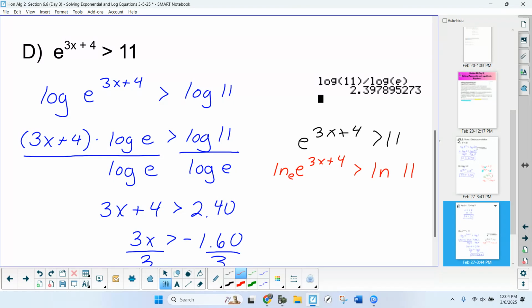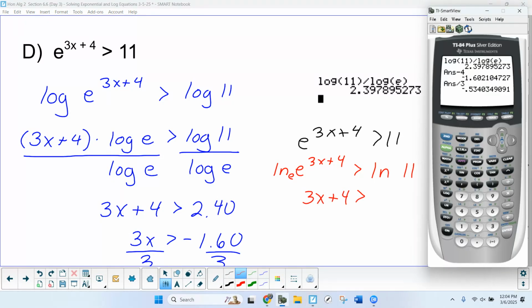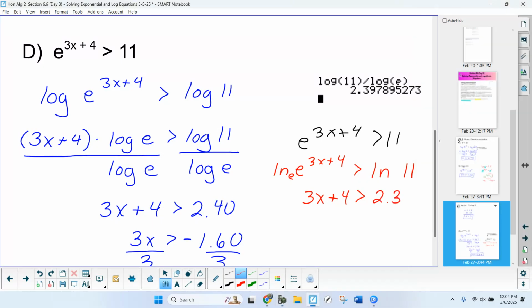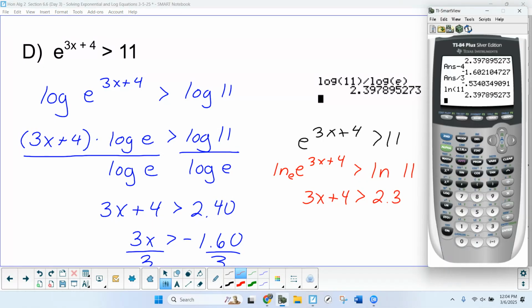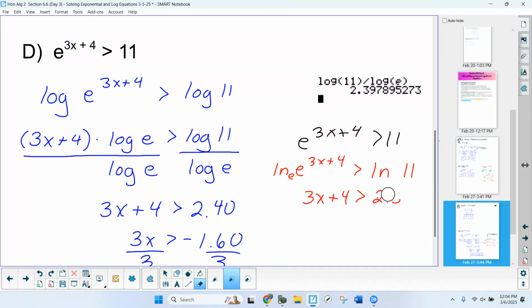What does this side give me? 3x plus 4. And now if you do the natural log of 11, guess what you get? 2.39, or actually 2.40. Do you see how I'm at the same spot now?